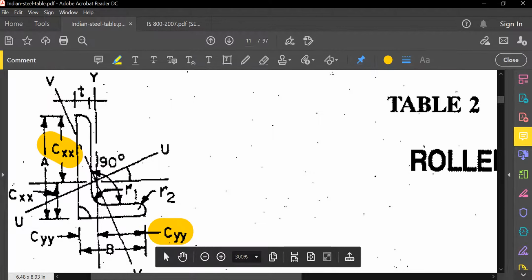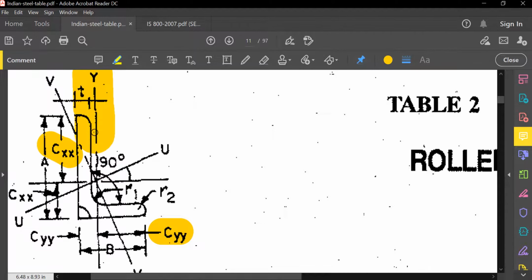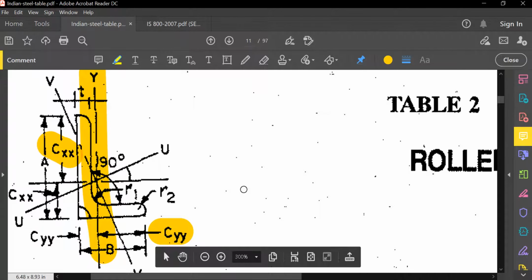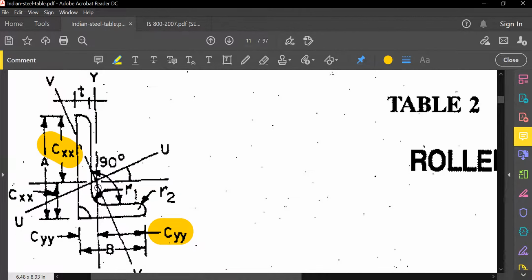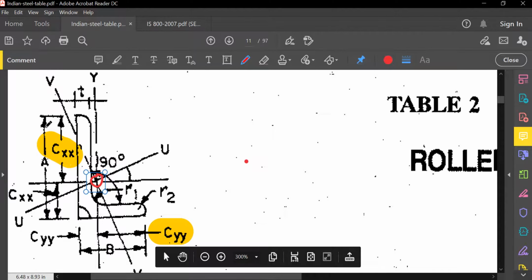If I am considering the x-axis and y-axis in this manner, this is my y-axis and this is my x-axis, then the center of gravity of this L section is somewhere here, at a distance of CYY and CXX from the respective axes.